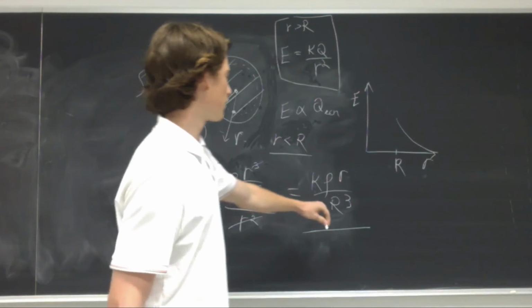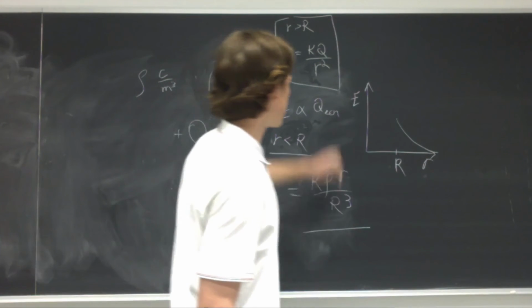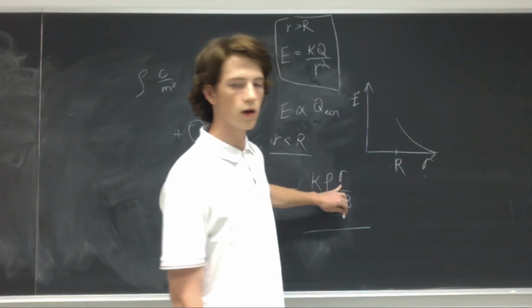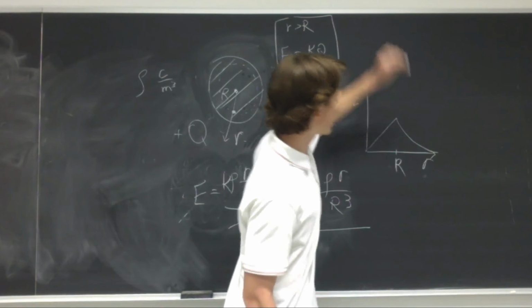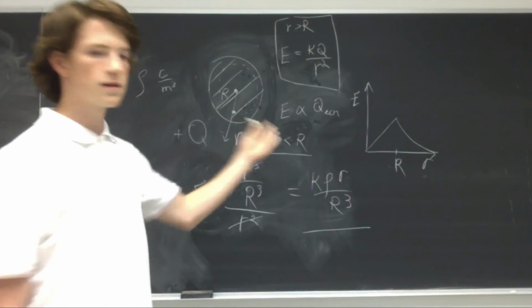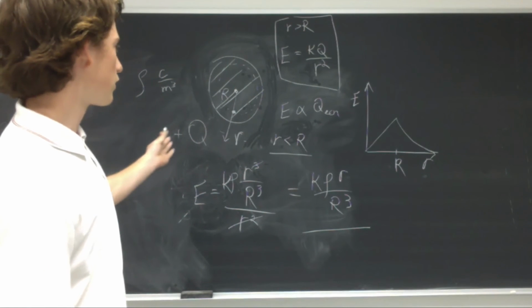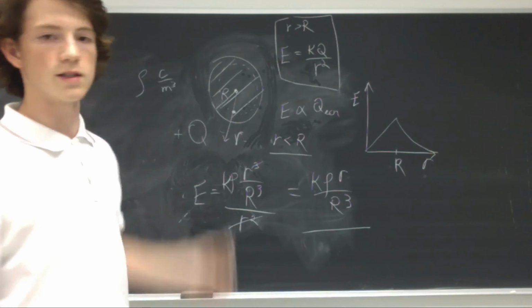And for this one, we have a relationship that is linear, directly proportional to r. So it will look like this. And that is the derivation for electric field around the insulating sphere.